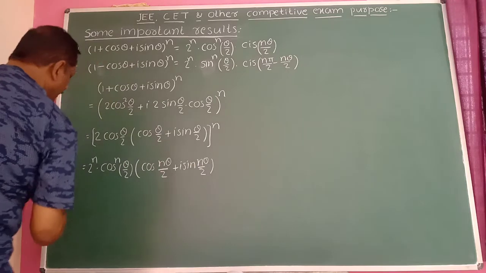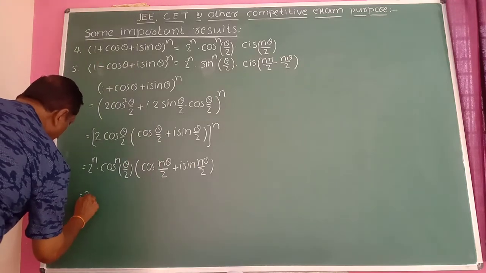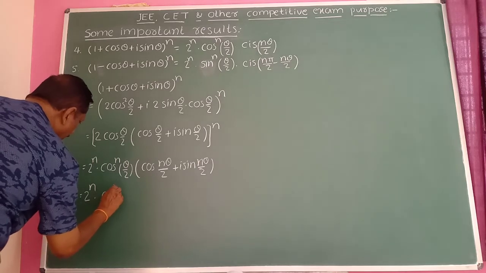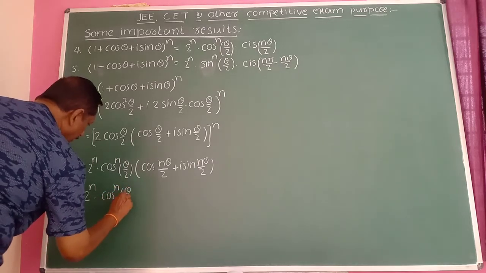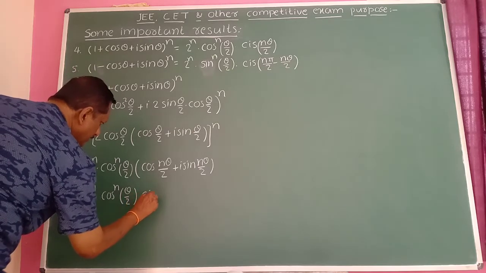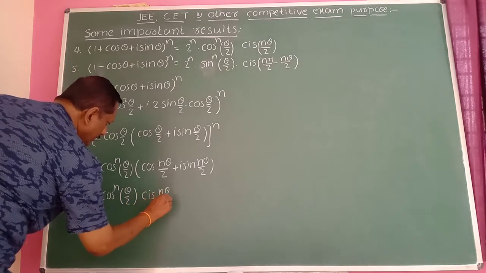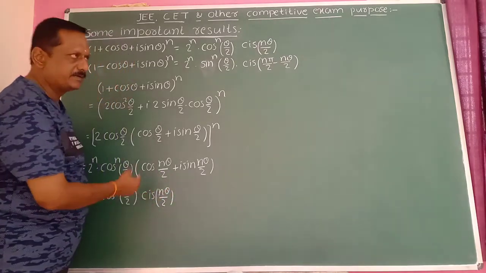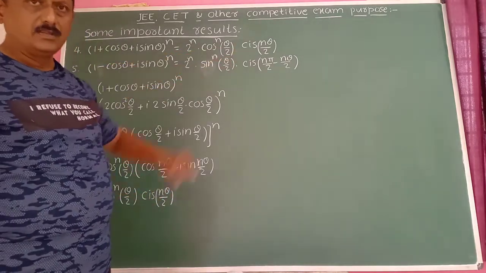Therefore, this is equal to 2 raised to n into cos raised to n theta divided by 2, and its short form is cis of n theta by 2. We can write this as cis n theta by 2. So it is the required result here.